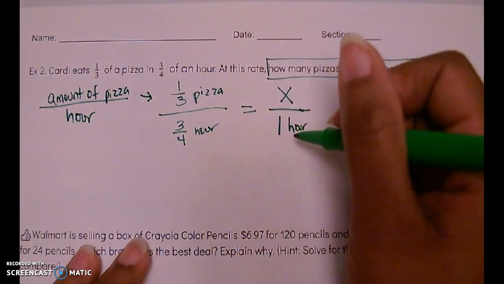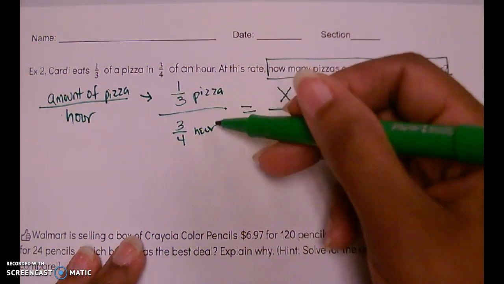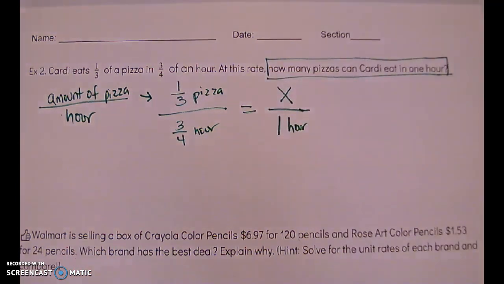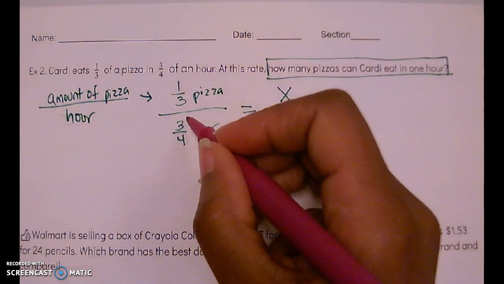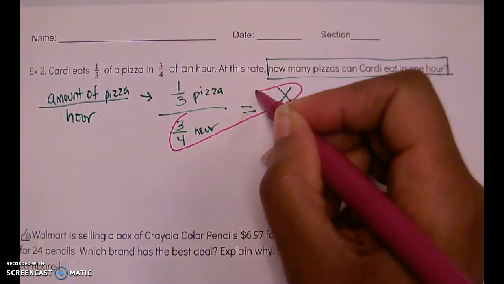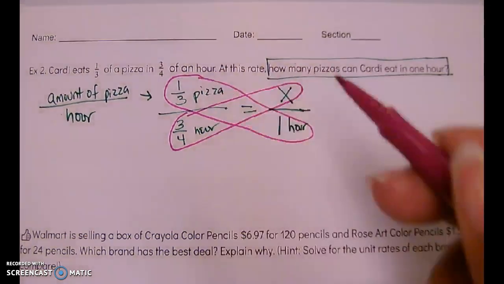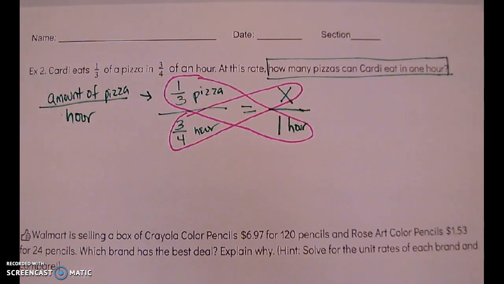Now I'm going to solve this the same way. Don't be intimidated because of fractions. We're going to solve this the exact same way. Now that we set this up, we are going to cross multiply. So that means I'm going to multiply 3/4 times x equals 1/3 times 1. Okay?